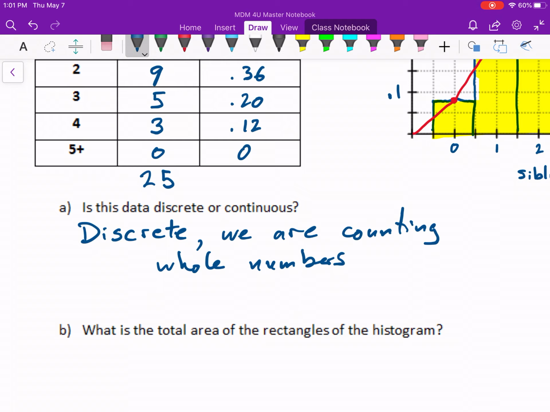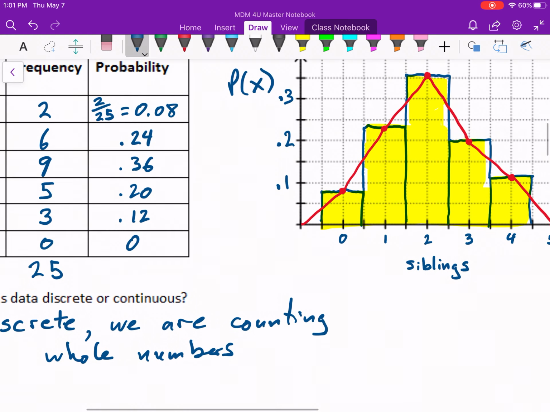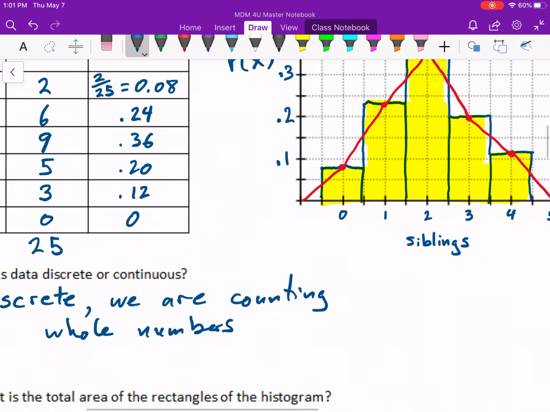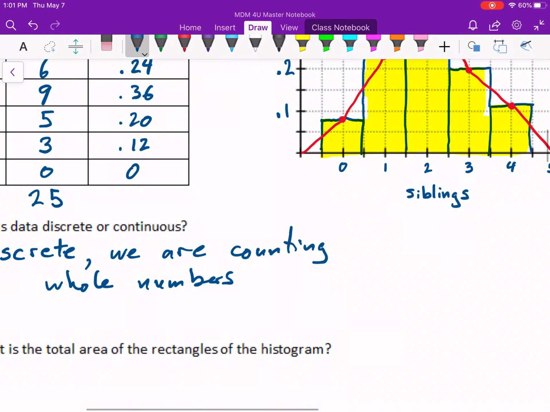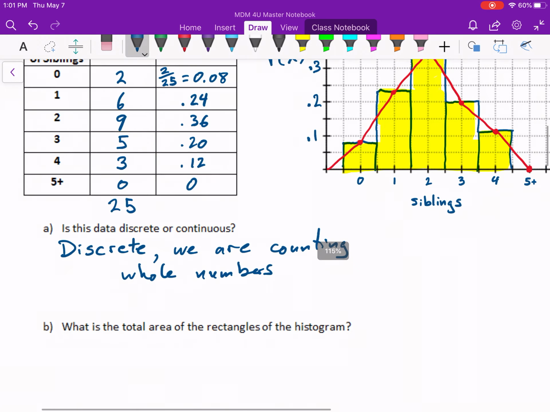What's the total area of the rectangles of the histogram? Well, each bar is 1 unit wide, so if I add up all the different probabilities, the area is going to be the different probabilities I had. So 0.08 and 0.24 and so on.